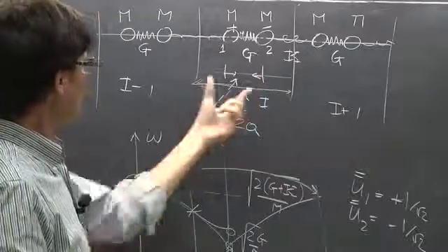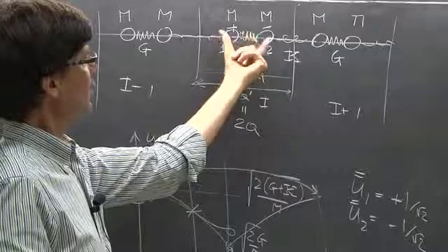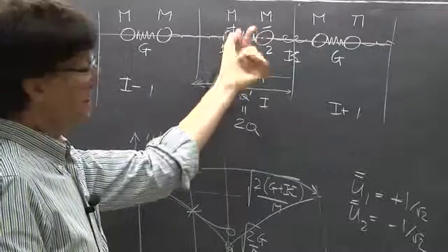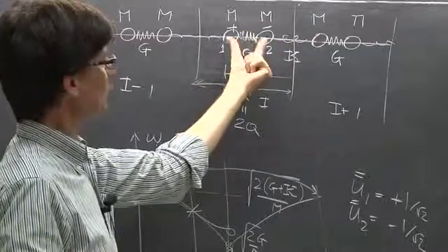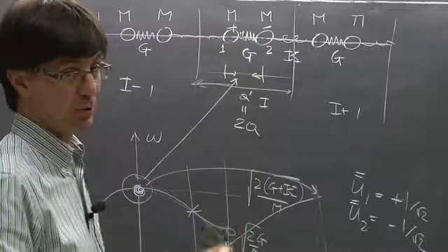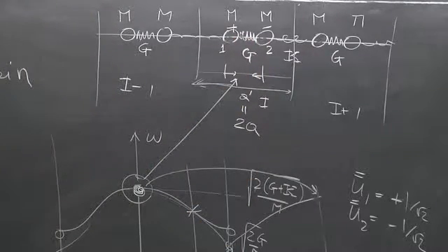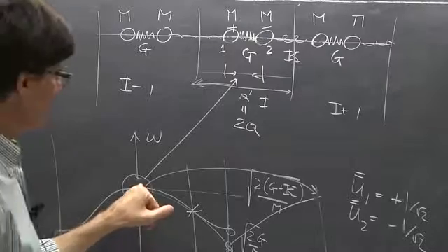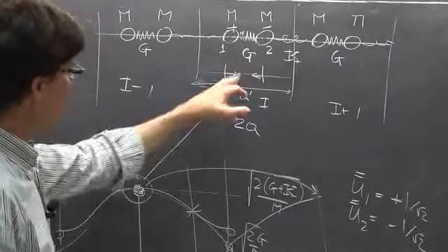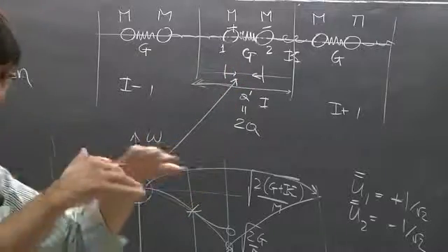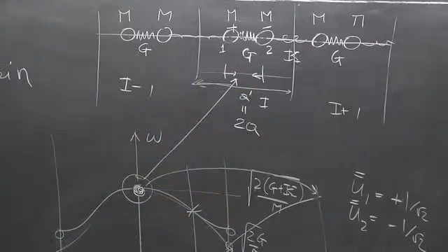Because this mode corresponds to a stretch of the dipole moment of my system. So I have a dipole moment when the system is oscillating with a particular frequency and with a particular mode. There will be a collective change of the dipole moment, of the polarization of my system.